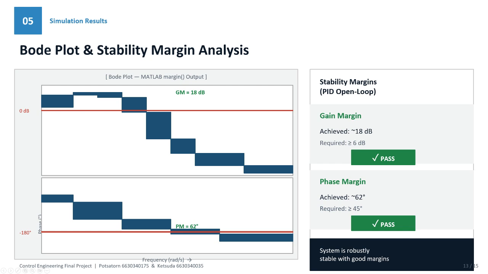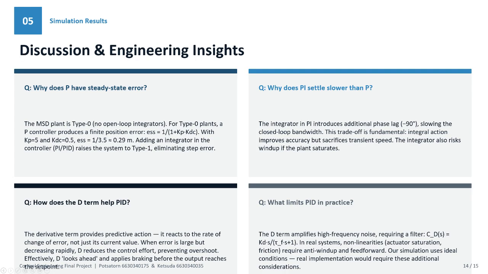To conclude our presentation, we have successfully walked through the entire control engineering workflow, from deriving mathematical models using physics to analyzing system limitations, and finally, designing a PID controller that optimizes performance.